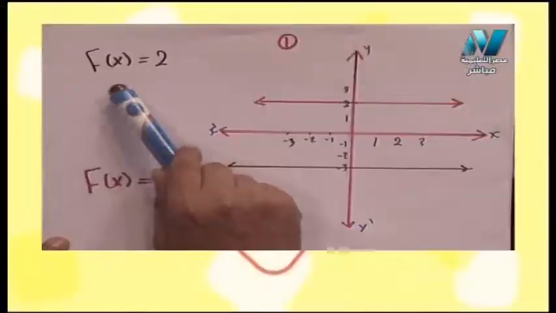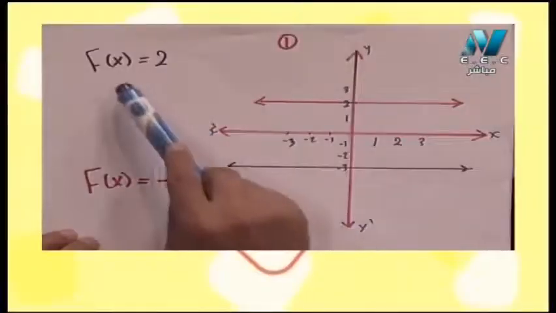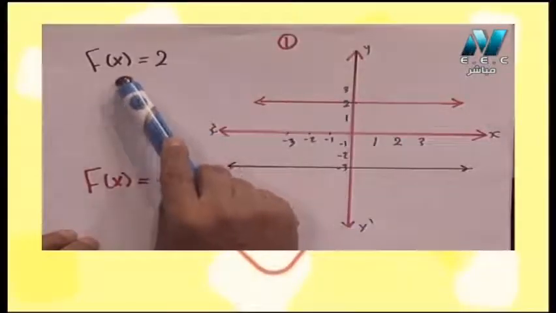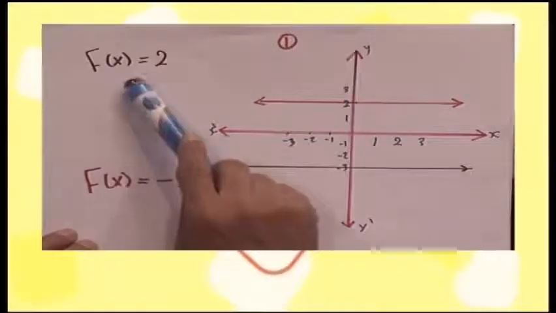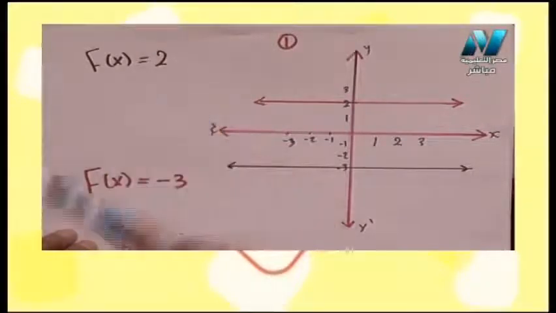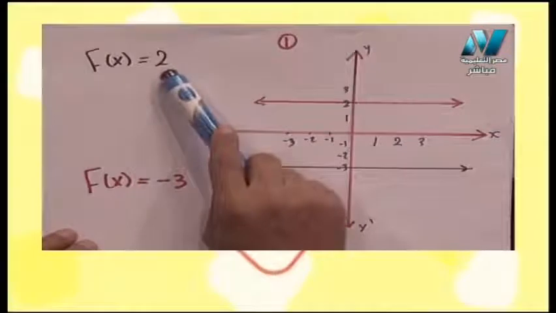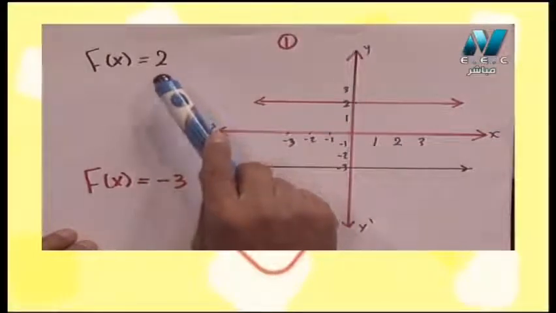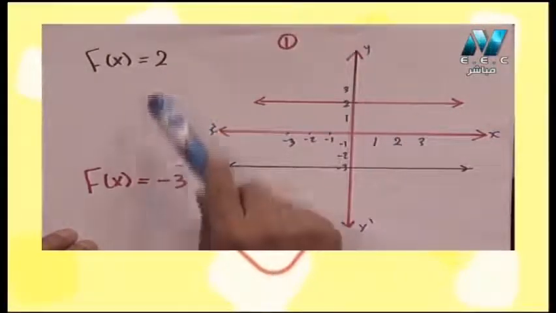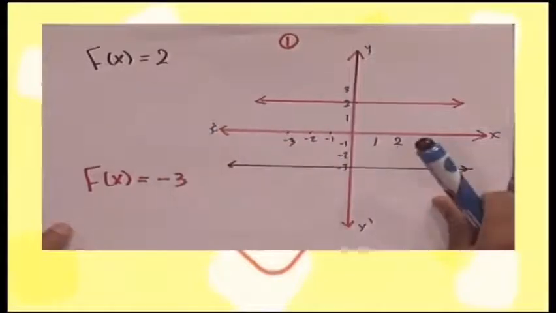We have here a function. This function f(x) equals a constant. Is it positive or negative or zero?